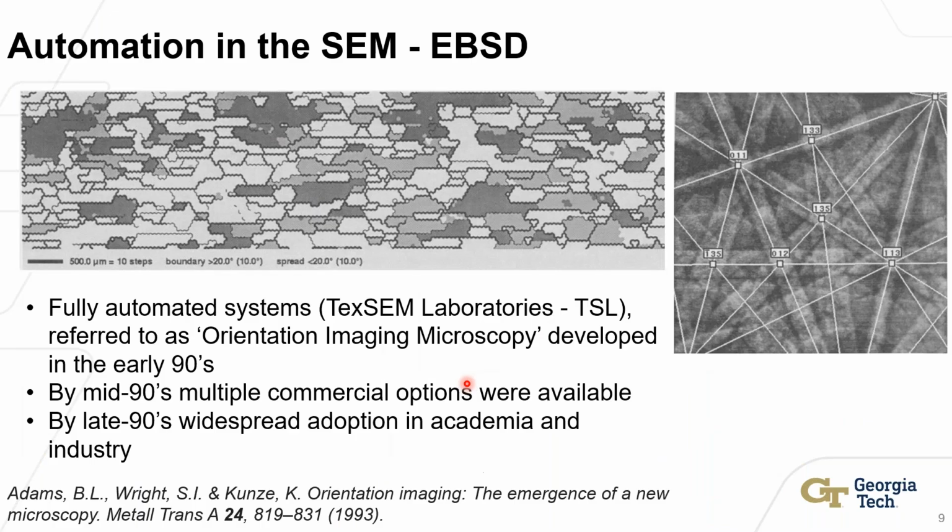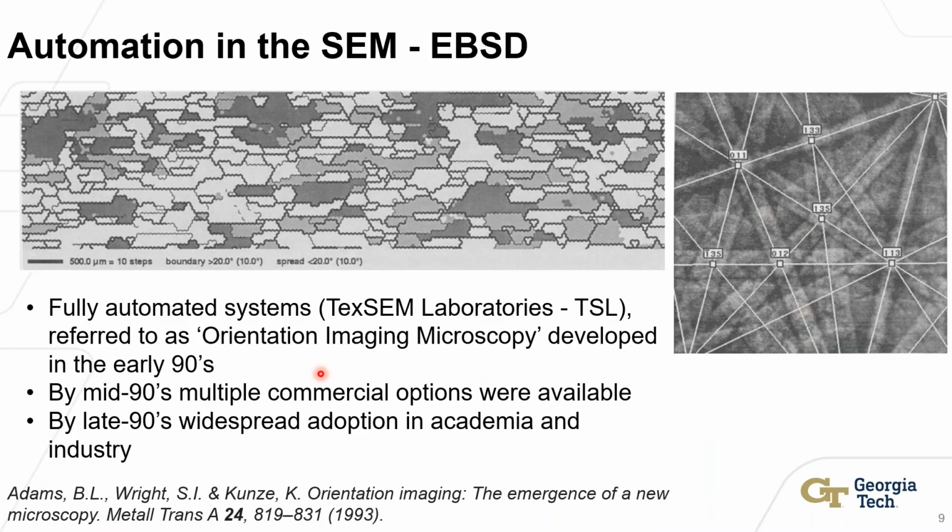In the early 90s, you saw developments both in detector technology, this movement to more digital cameras, CCD cameras that took images of a phosphor screen. So you'd have an automated readout of your Kikuchi patterns, and then development in the algorithms used. I think the biggest one was the application of Hough transforms to these EBSD patterns, which allowed computers to easily recognize the location of these Kikuchi bands and automatically extract out the orientation state.